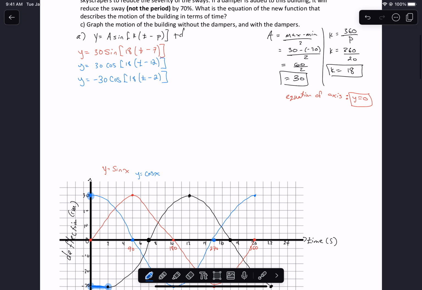It does not affect the period, or how long it takes to complete one cycle, just how high the curve gets.